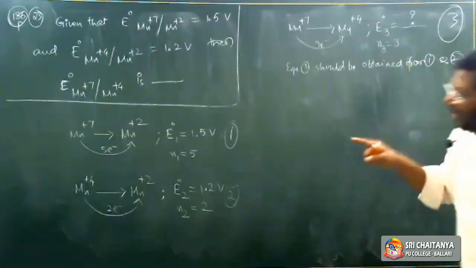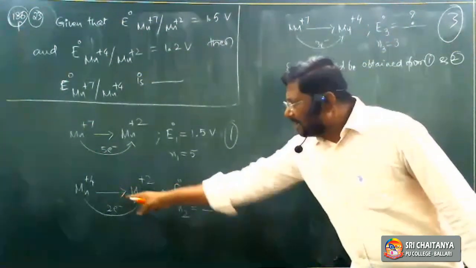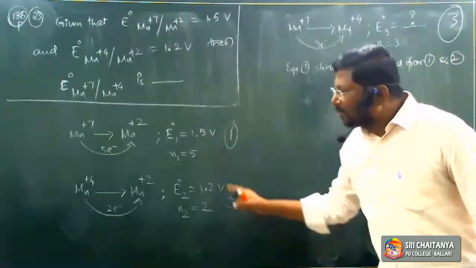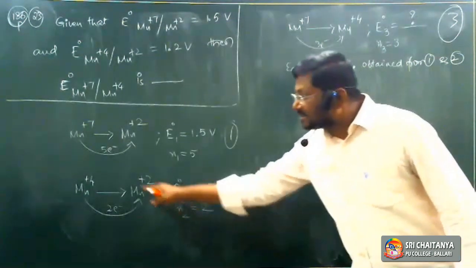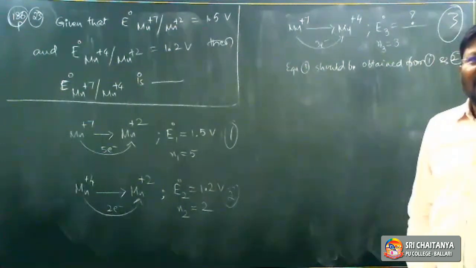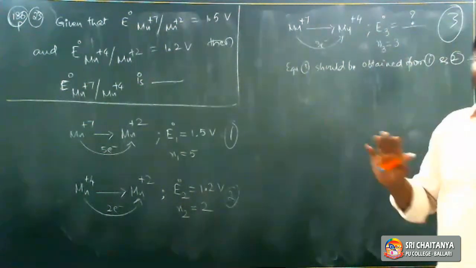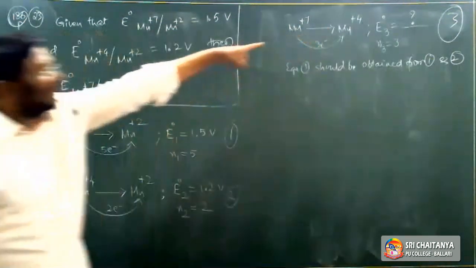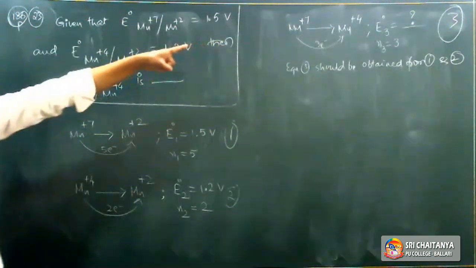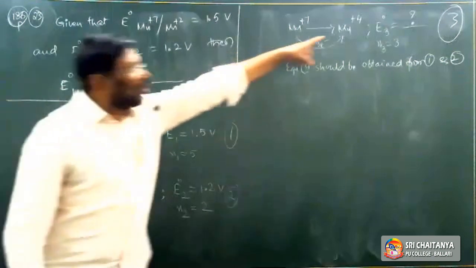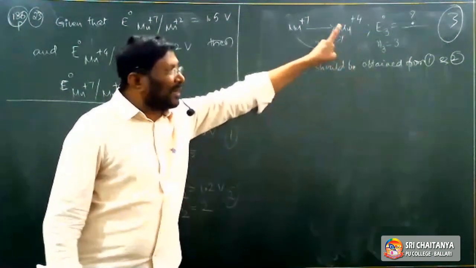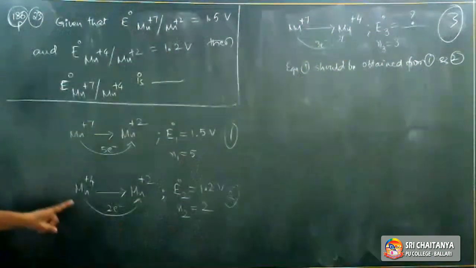In equation 2 you find it in reactants, which is opposite to the required equation. The third one is the required equation, where Mn plus 4 is in products, but here it is in reactants.